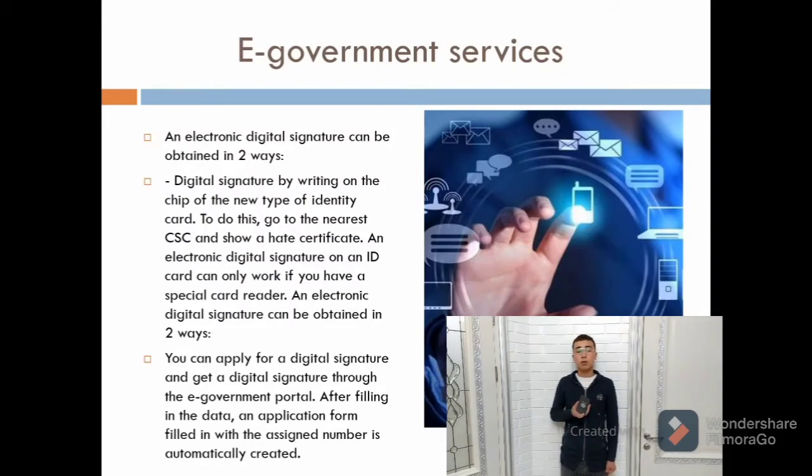You can apply for a digital signature through the e-government portal after filling in the data in an application form, in which an assigned number is created.